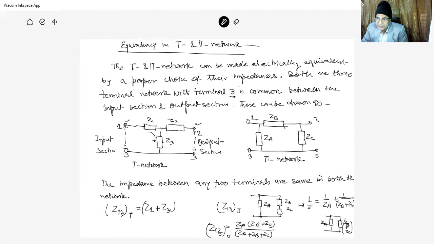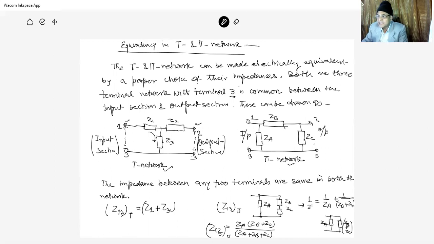So 1 and 3 is the input section, and 2 and 3 is the output section in the T network. Similarly, in the pi network, 1 and 3 is the input section, and 2 and 3 is the output section. So we have to convert from input to output equivalent in the T network as well as the pi network. So let us consider the T network first.